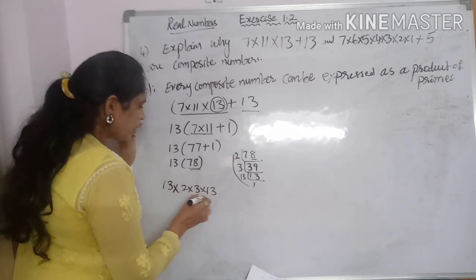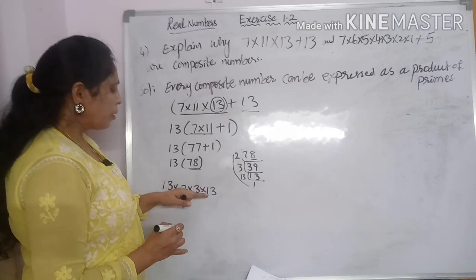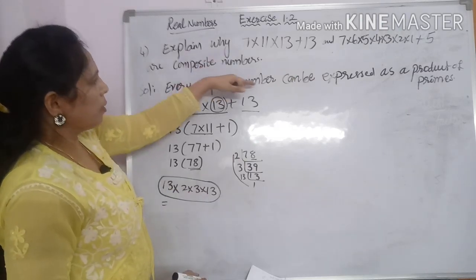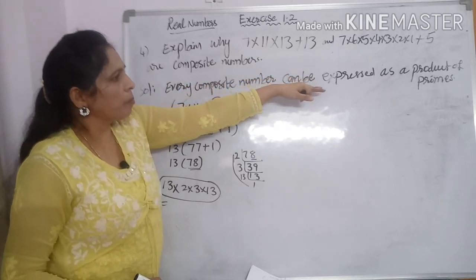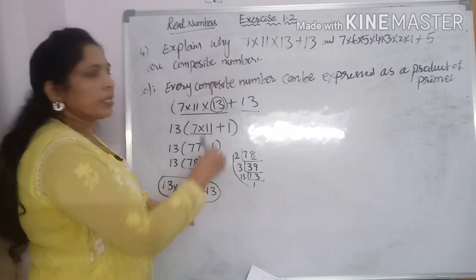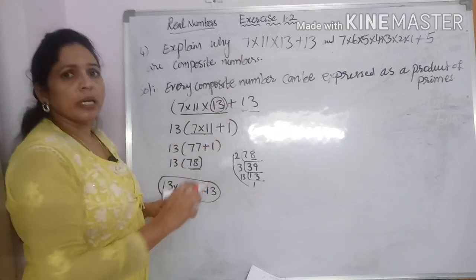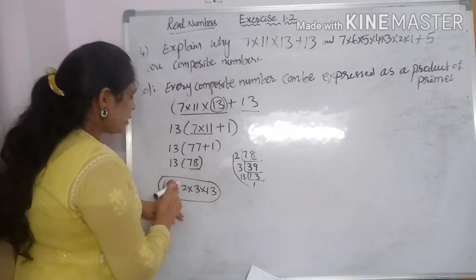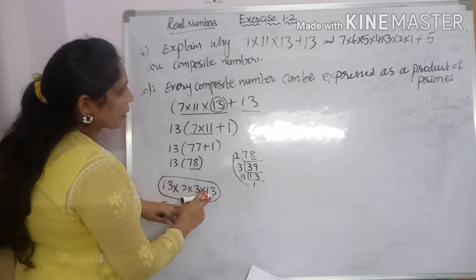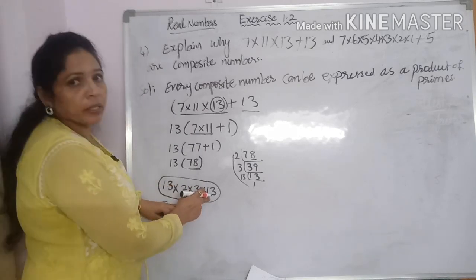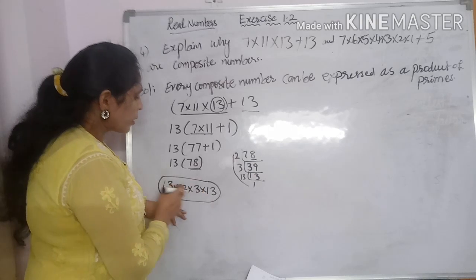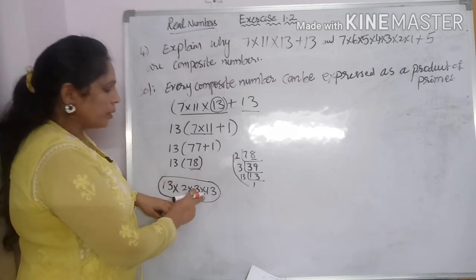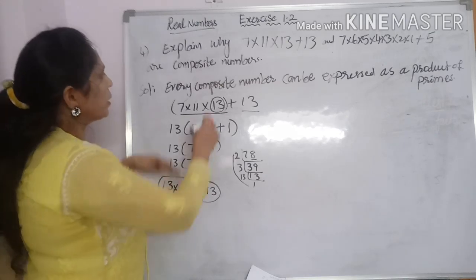So these are the product of primes. So every composite number can be expressed as a product of primes. Is this a composite number or not? Yes, it is a composite number. Why? Because we expressed it as a product of prime factors. These are the prime numbers, so it is a composite number.